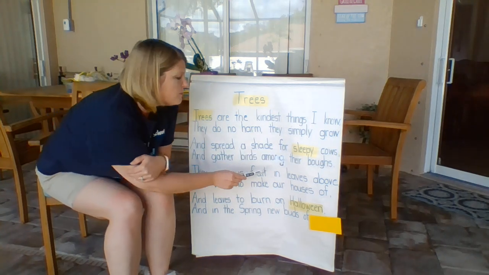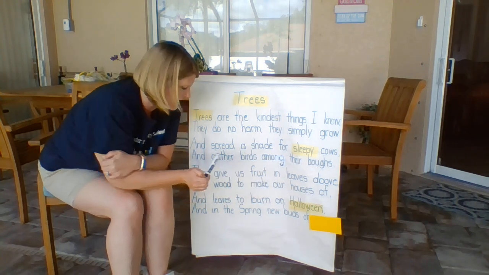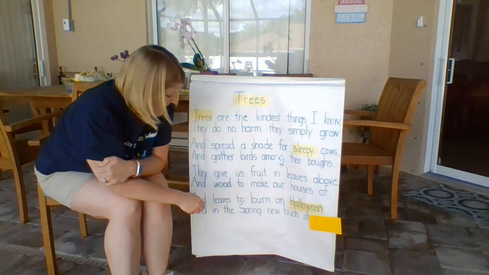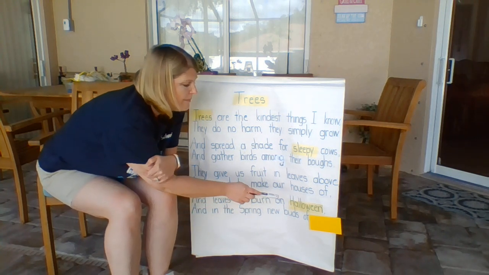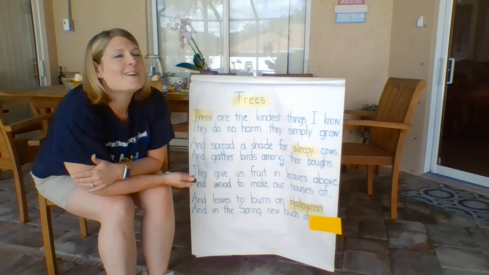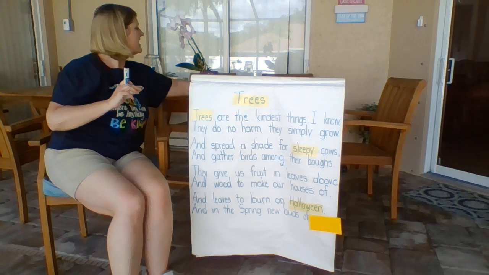They give us fruit and leaves above, and wood to make our houses of, and leaves to burn on Halloween, and in the spring, new buds of, what was that word? Green. You're exactly right.